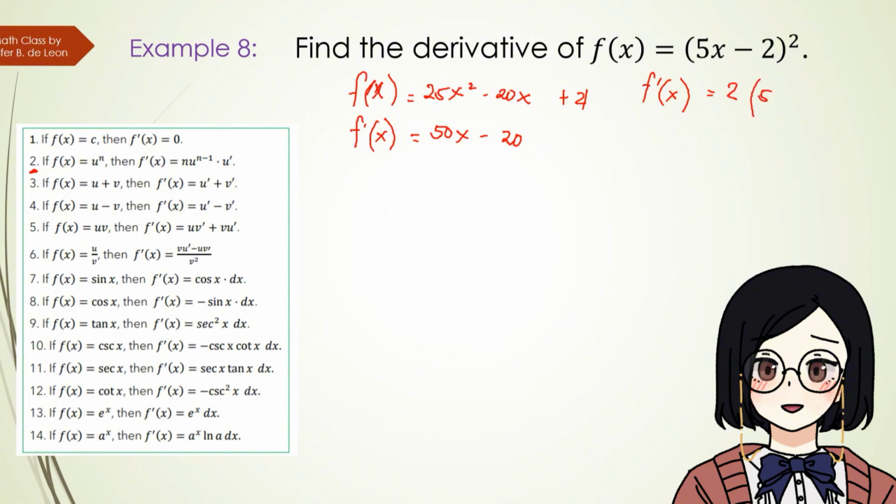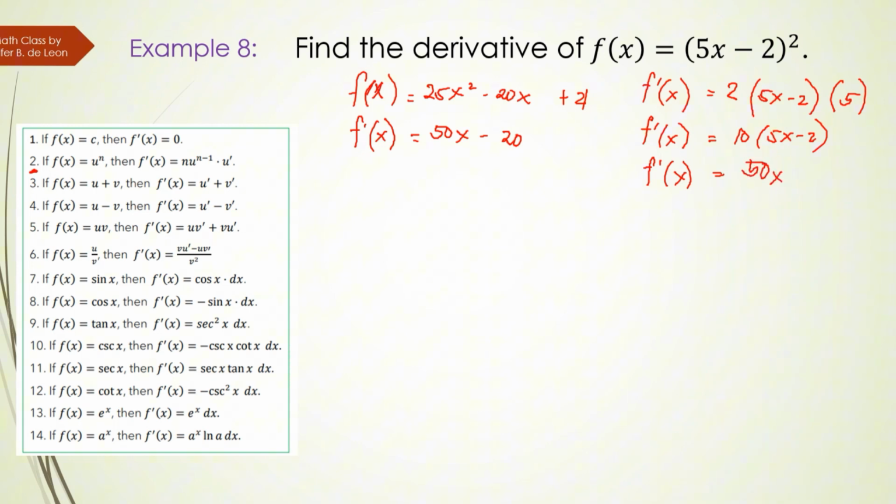Now, applying rule number 2 specifically, we have our u, which is 5x minus 2, and then simply we will have 2 times the numerical coefficient, here it is 1, so 2 times 1 is 2, and then we reduce by 1 degree, so this will be 1, and then we get the derivative of the binomial, so we will have 5.